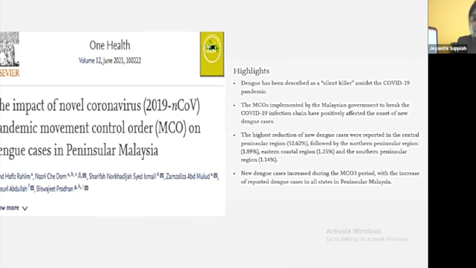However, this did not last long, as new cases started to increase during MCO phase 3. During MCO phase 1, a lot of restrictions were imposed and people tended to stay indoors rather than outdoors, so perhaps the cases reduced. But during MCO phase 3, a lot of leniency was given, so people were moving in and out again, which could have contributed to the increase in cases.